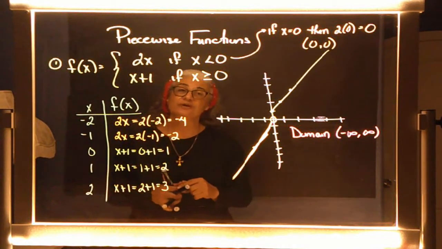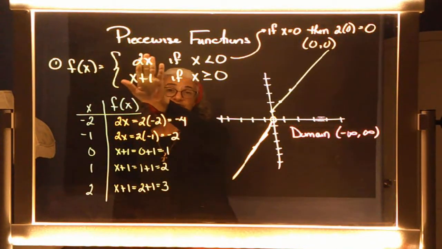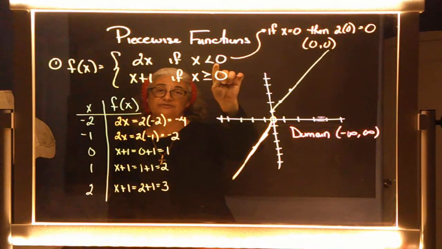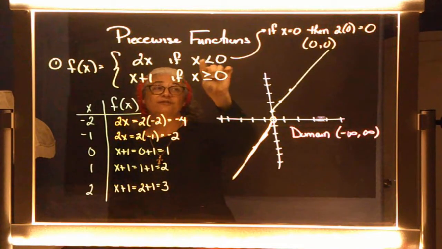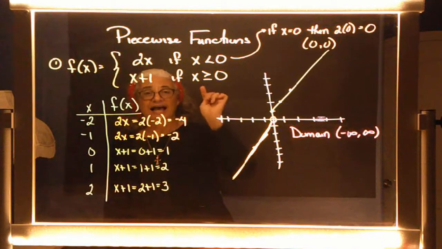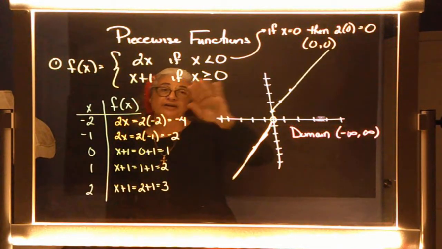Let me show you another way you could have figured out what the domain was. We have our function, right? Do you notice the first part of the function says that I can use x's that are less than 0? So that's from negative infinity all the way to 0, isn't it? And the second piece actually lets me use x equals 0 and all the numbers greater than 0.